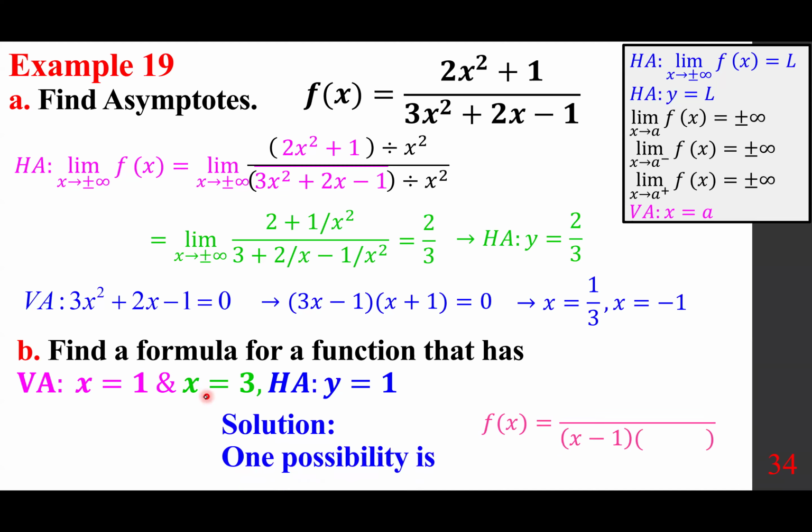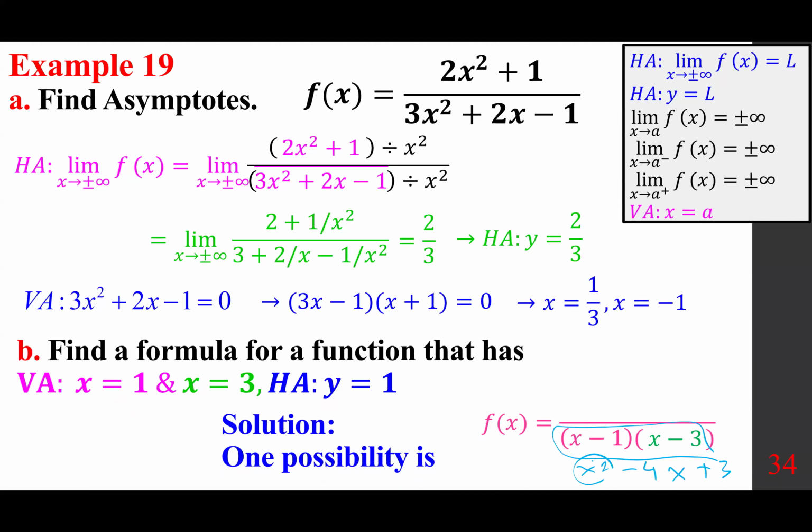This one, we need x minus 3 in the denominator. And now, notice the denominator, if I multiply these two, I get x squared minus 4x plus 3.